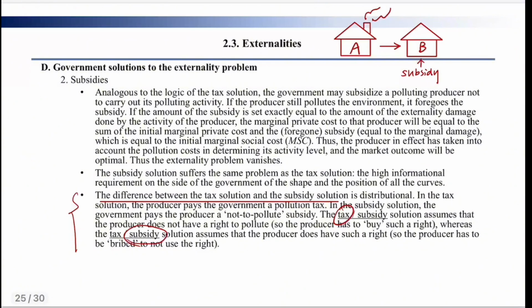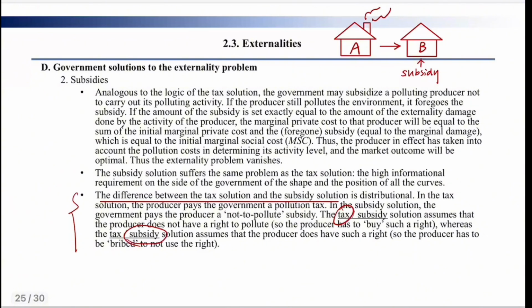Instead, we directly give some subsidies, some money or other things, to the company that has done a very good job. Then when company A sees that company B has received a subsidy, company A also needs to weigh up. Should I deal with my pollution and get this subsidy, or should I continue to pollute and not receive any subsidy? This is also a method for the government to solve externalities.